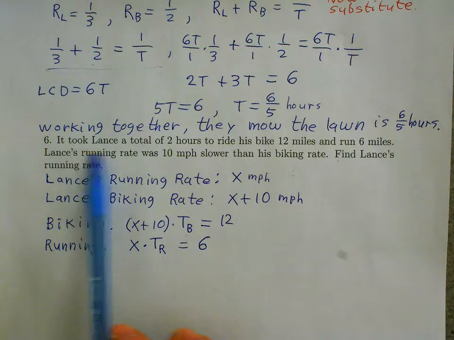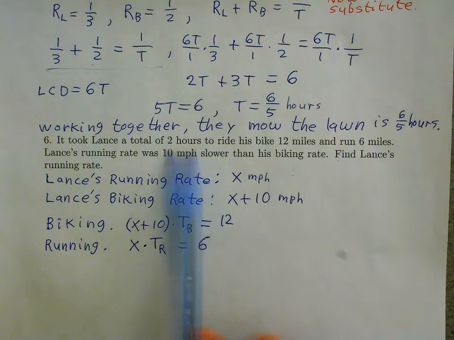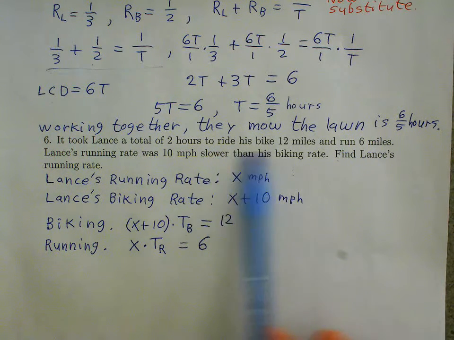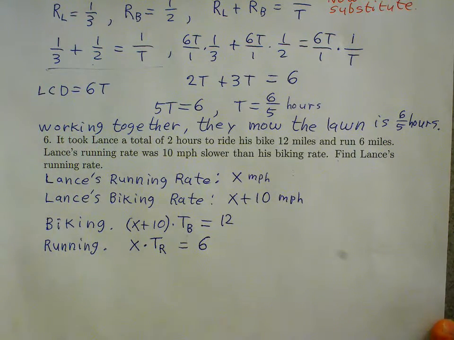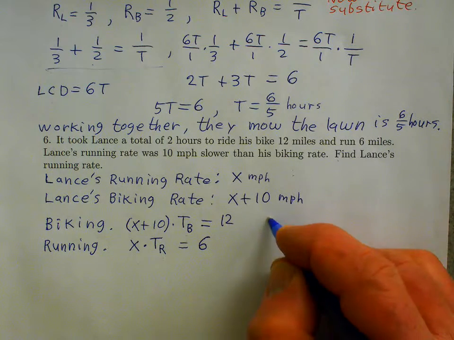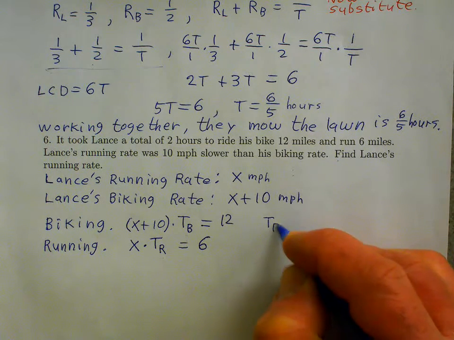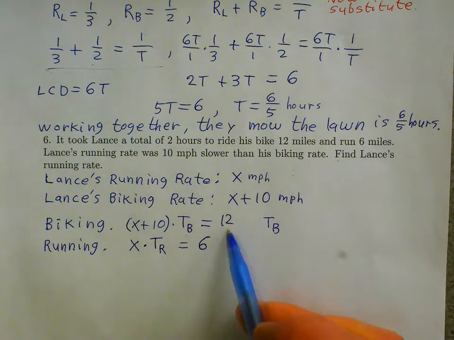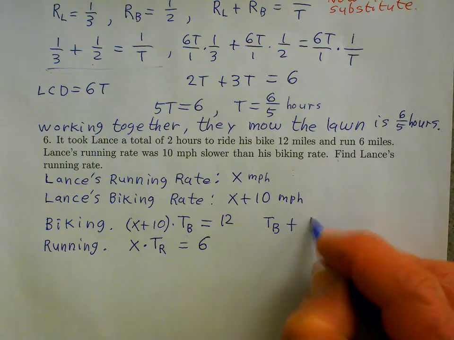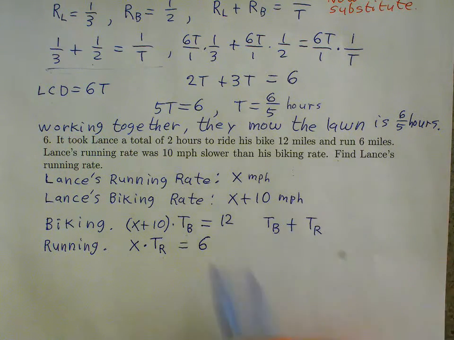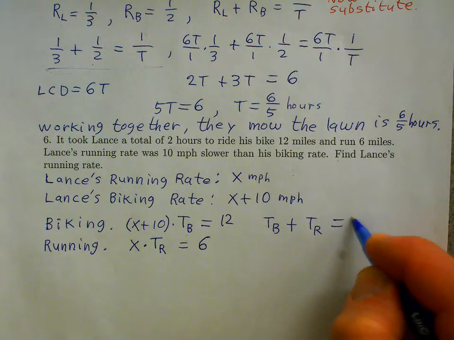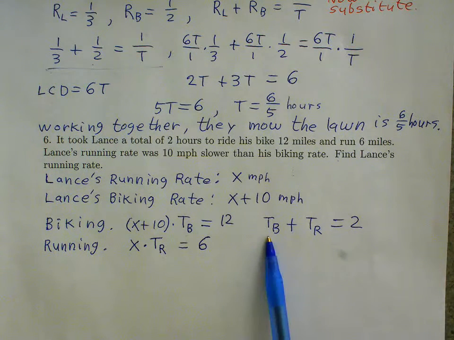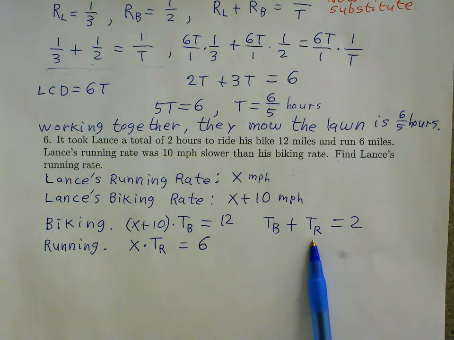It took Lance a total of 2 hours to ride his bike 12 miles and run 6 miles. So a third equation is the amount of time it took Lance to bike 12 miles plus the amount of time it took Lance to run 6 miles is 2. That's what we're told in the first part of the first sentence.